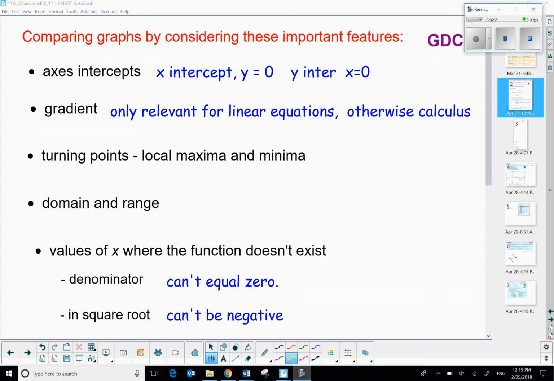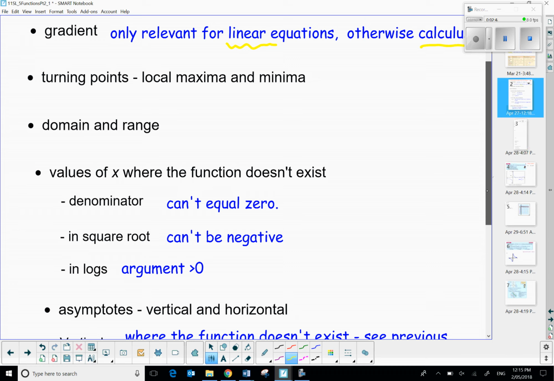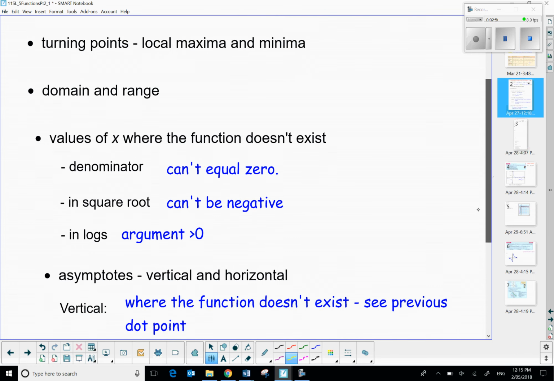We've talked about gradient, and that's basically relevant for linear functions only, but we will be going into gradient more of a function, but not until we hit calculus next year. We've talked about the turning points, the maxima and minima. We've also talked about domain and range. And all of these terms should be all now very familiar to you.